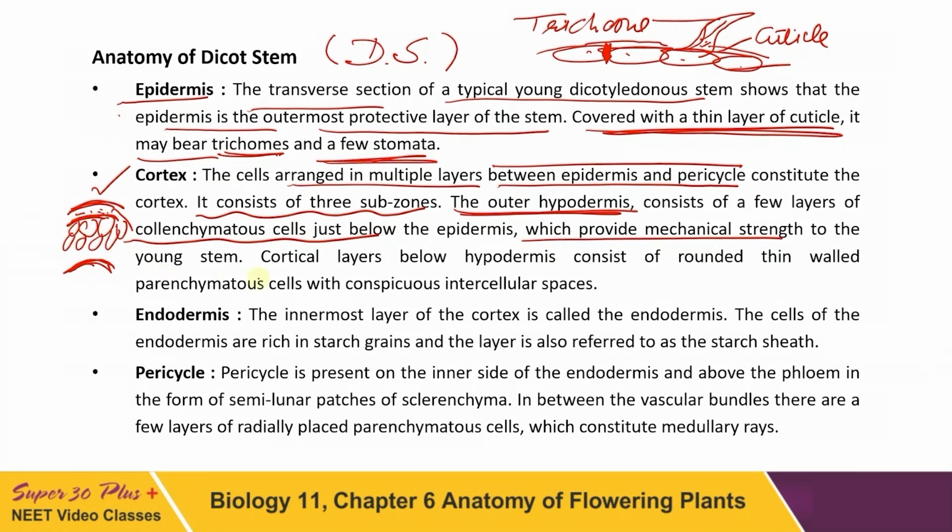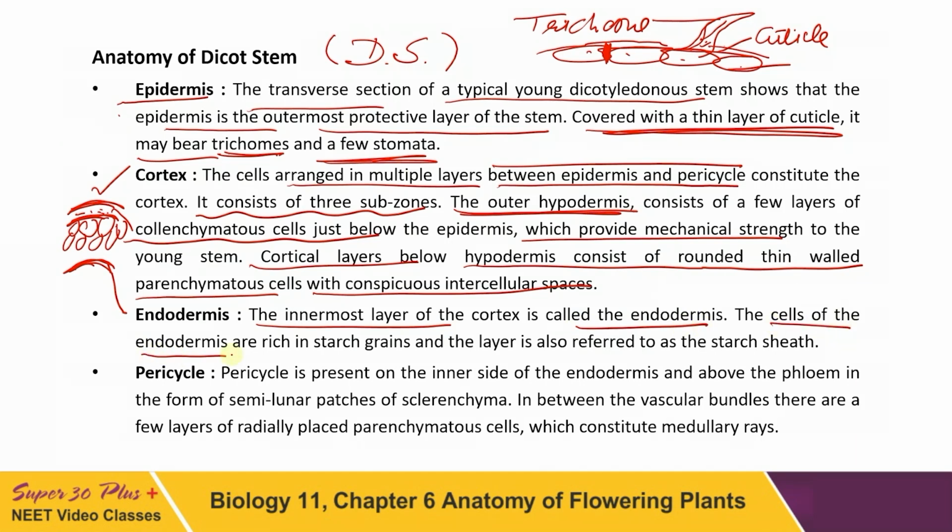The cortical layers below the hypodermis consist of round, thin-walled parenchymatous cells which have large intercellular spaces, and this one is the endodermis, the innermost layer of the cortex. The cells of the endodermis are rich in starch grains, therefore it is known as the starch sheath.